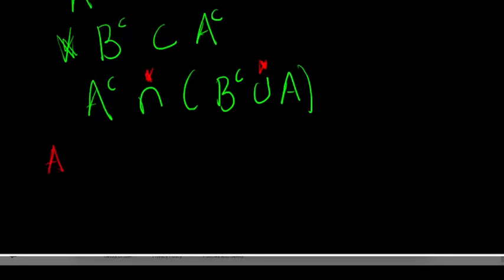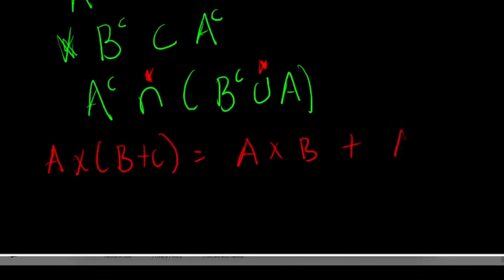For you to be able to use the distributive property, always try to remember this: A times (B plus C) is the same thing as A times B plus A times C. So you can use the same idea here as well. That means we can say this is times and this is plus.